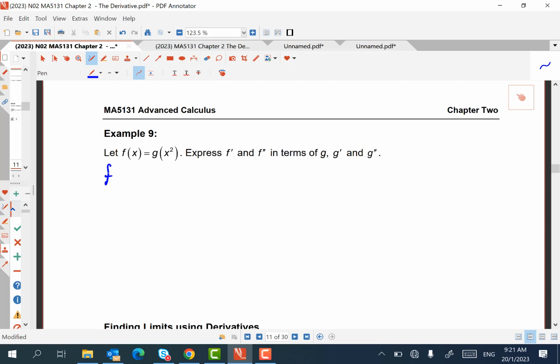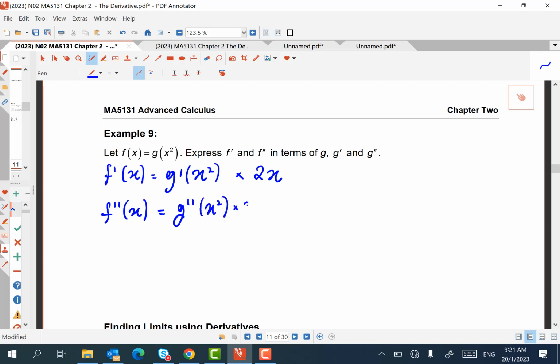So to find f prime x, f prime x is g prime times the, okay, this is f prime x. To find f double prime x, you use the product rule: differentiate the first, keep the second, plus keep the first, and then differentiate the second.